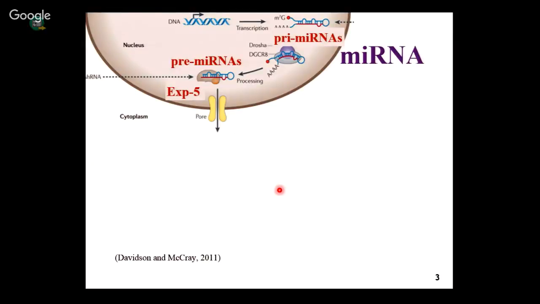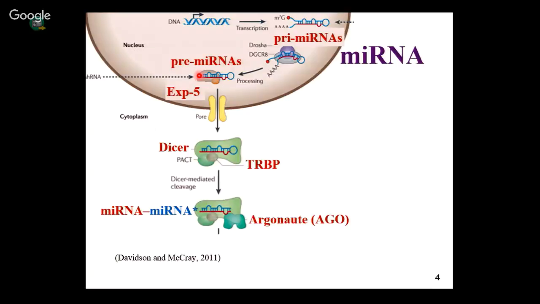In the nucleus, the primary microRNA is transcribed by RNA polymerase II. With the Drosha microprocessor, the primary microRNA becomes the precursor microRNA, and then with exportin 5, this protein will transfer the precursor microRNA into the cytoplasm.